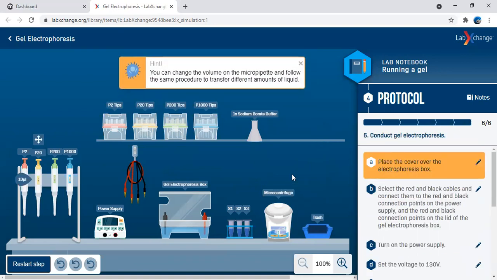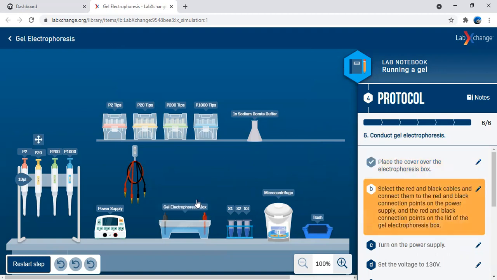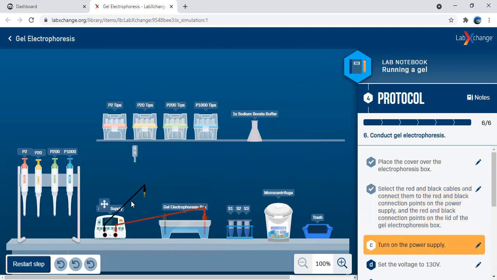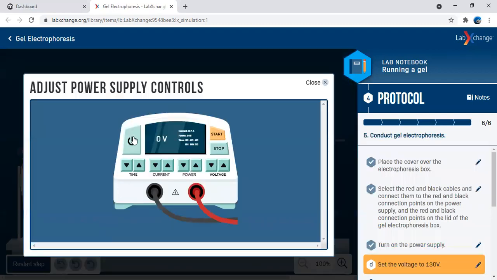Place the cover over your electrophoresis box. Select the red and black cables and connect them. Turn on the power supply.